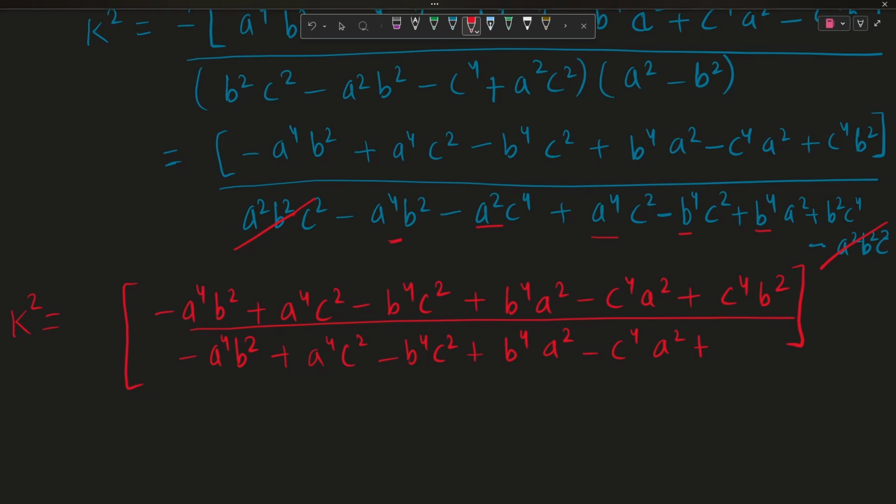This is already written, so the value which is left is this. So I can write this as c 4 b square.